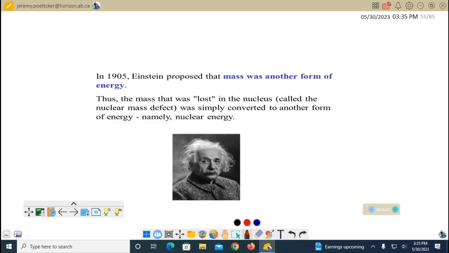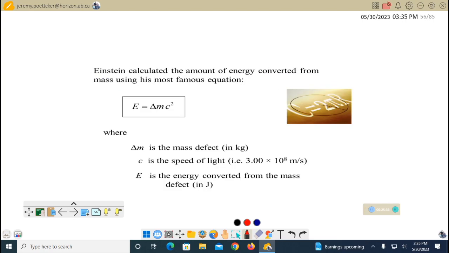So now, instead of the law of conservation of mass, we have the law of conservation of mass energy. And he calculated the amount of energy converted from mass using his most famous equation, E is equal to delta m c squared. Delta m is the mass defect in kilograms, c is the speed of light, and E is the energy converted from the mass defect in joules.